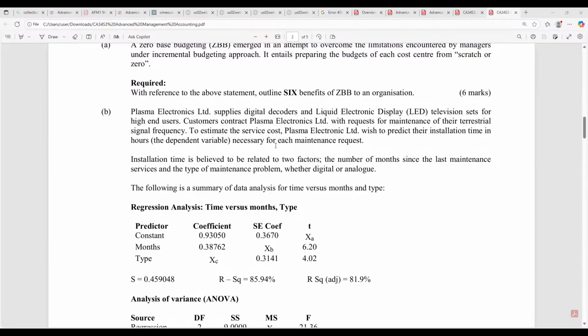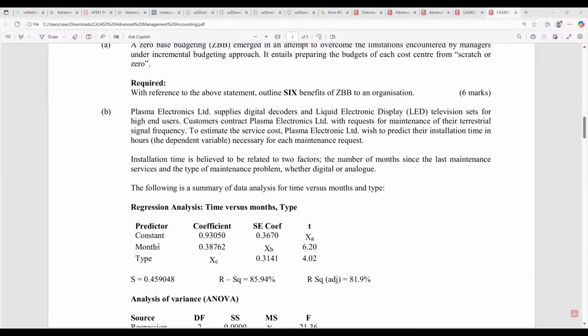To estimate the service cost, Plasma Electronics Limited wishes to predict their installation time in hours, the dependent variable, necessary for each maintenance request. So installation time is believed to be related to 2 factors: the number of months since the last maintenance service and the type of maintenance problem, whether digital or analog.